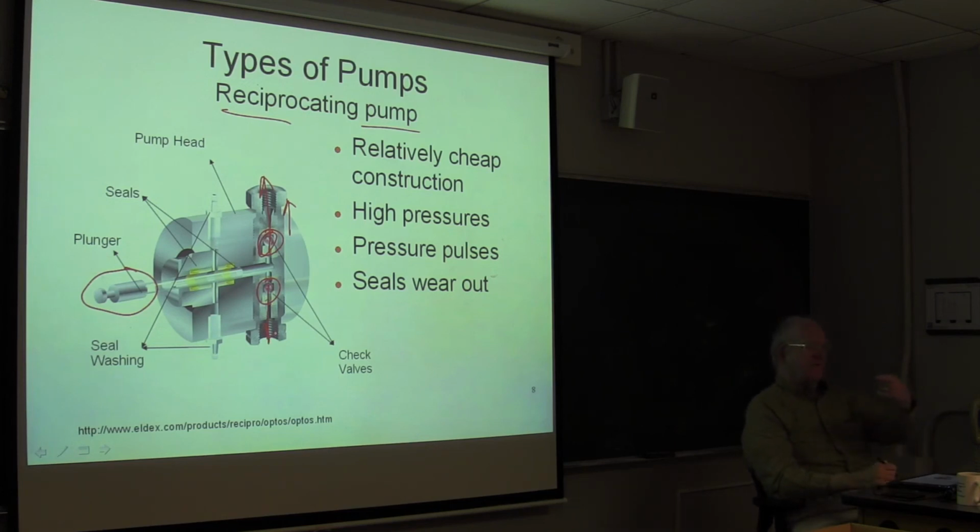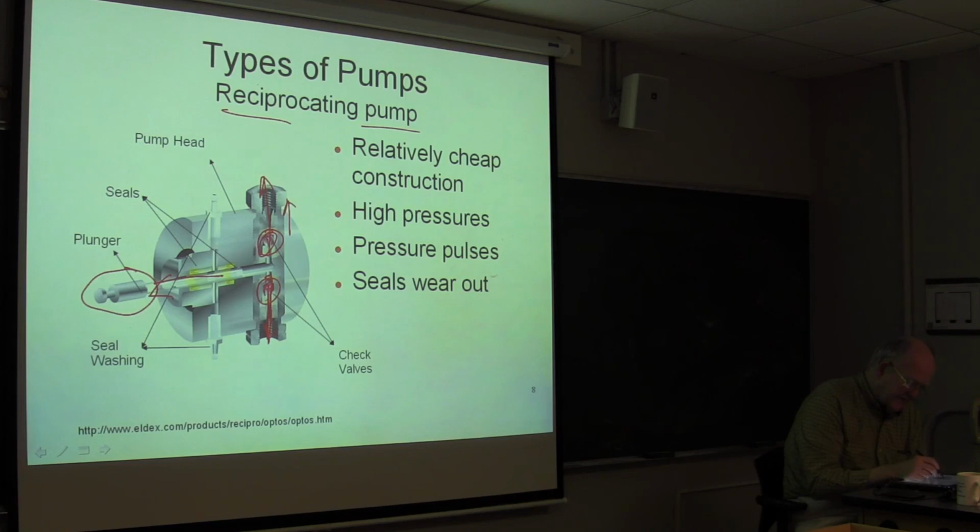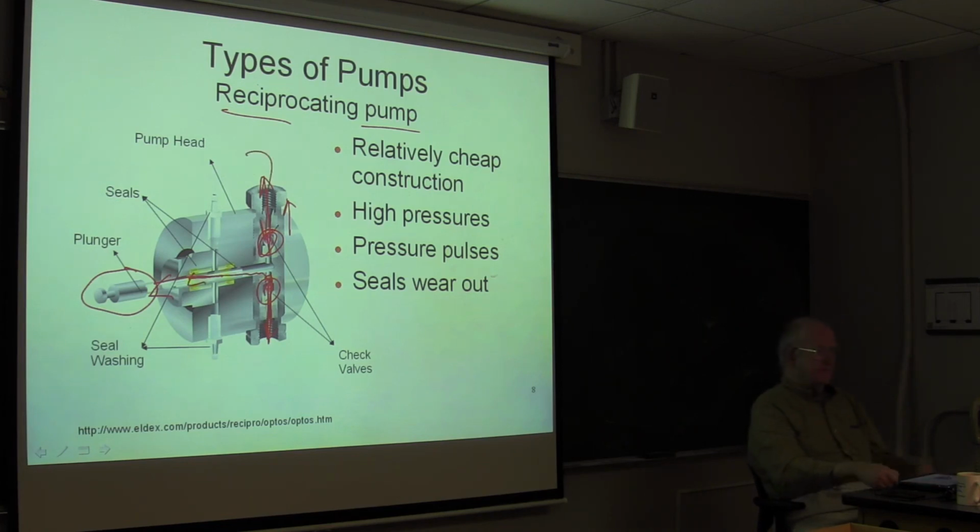Now, when the pump strokes backwards, this check valve comes up and allows fluid to go around the check valve, but this check valve is closed, and so fluid goes back this way. It doesn't get sucked in from the column. So it's like a pair of fluid diodes.